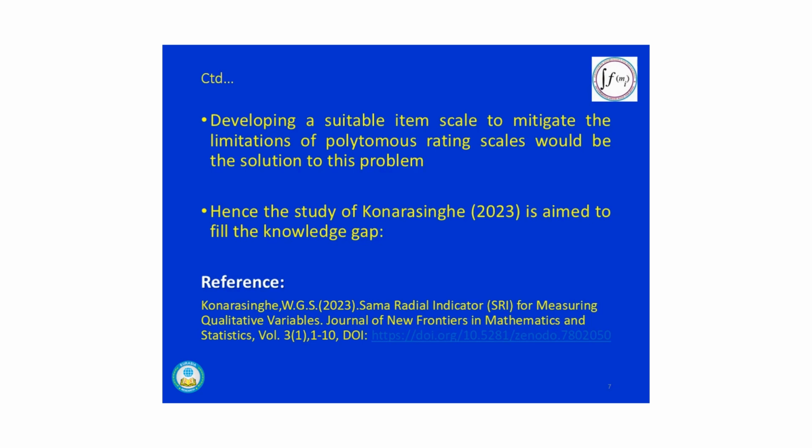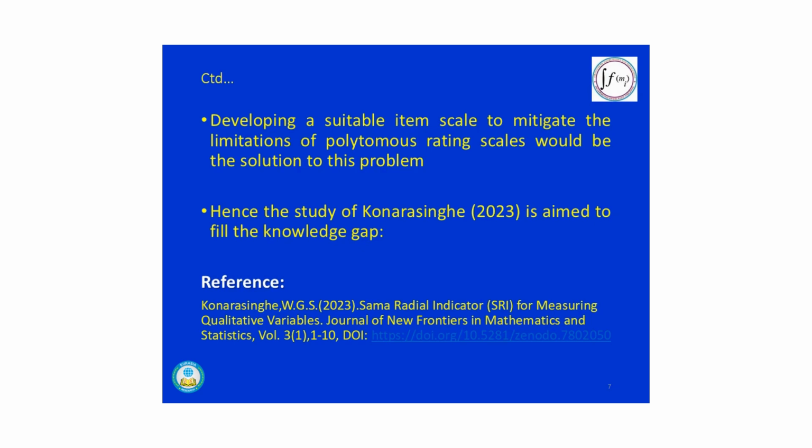Simply speaking, they use the Likert scale in measuring the items and, without checking whether the random variables are normally distributed, simply use the Z-test or ANOVA. That is useless. But what is the solution? If people really want to use the parametric method, as they are more powerful, I thought I should develop a technique to mitigate the problems of the polytomous rating scales.